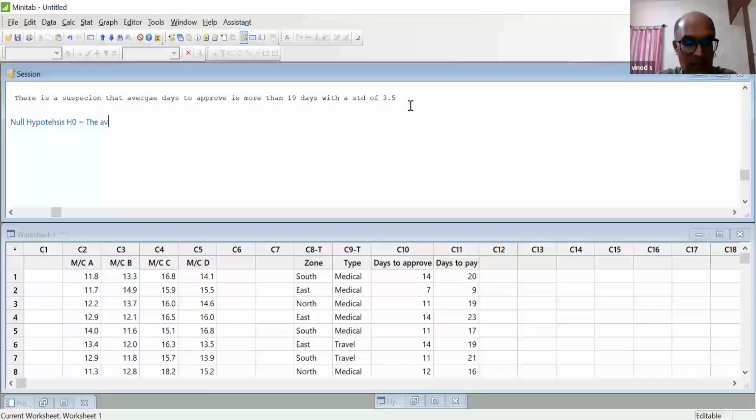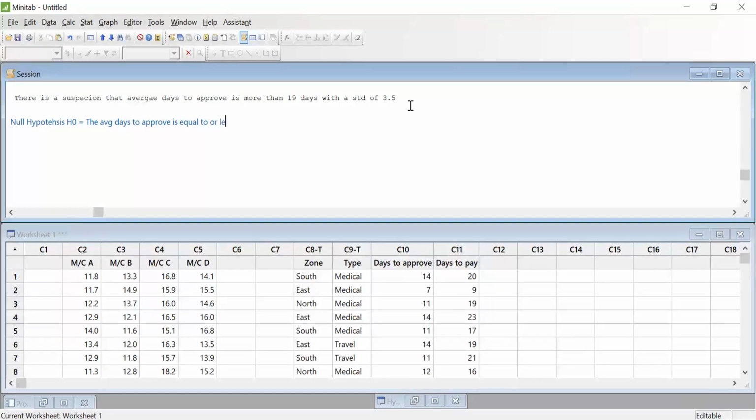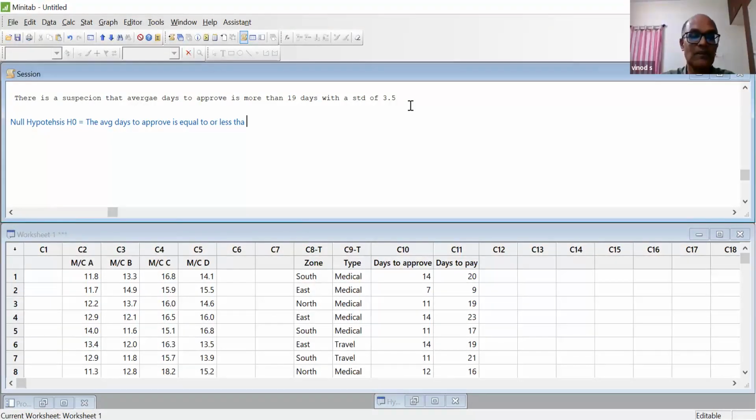The average days to approve is equal to or less than 19 days. Since the suspicion statement is greater than, your null statement should be less than or equal to. You can put equal to alone, or equal to and less than 19 days. So this should be the first statement.